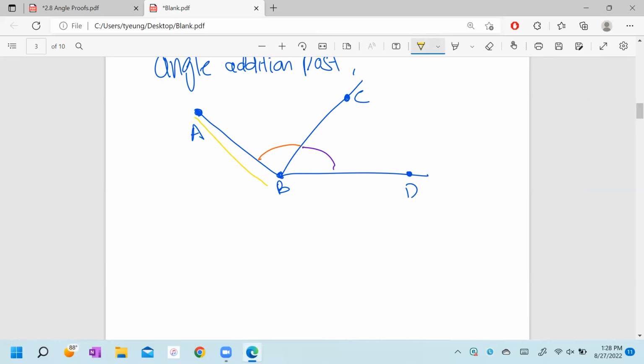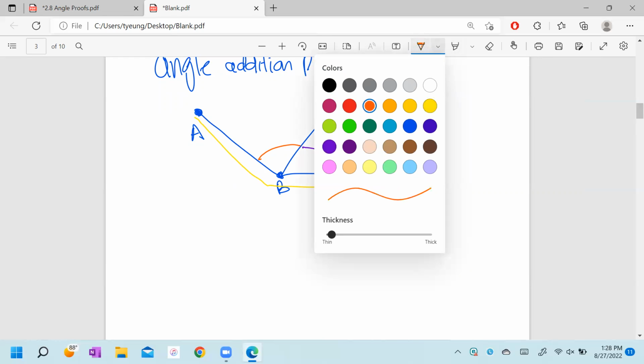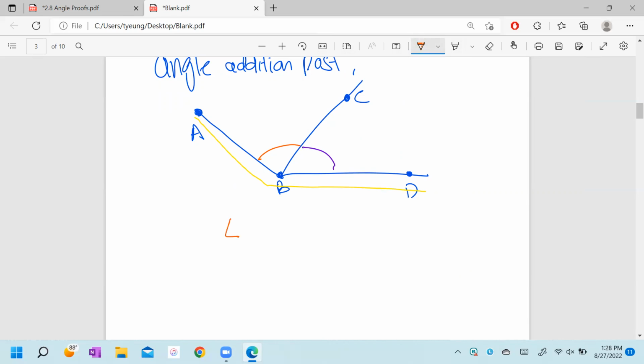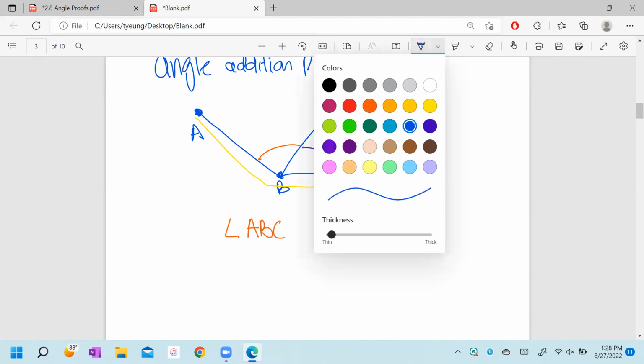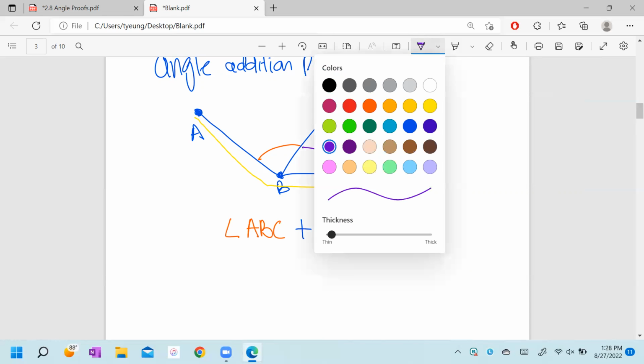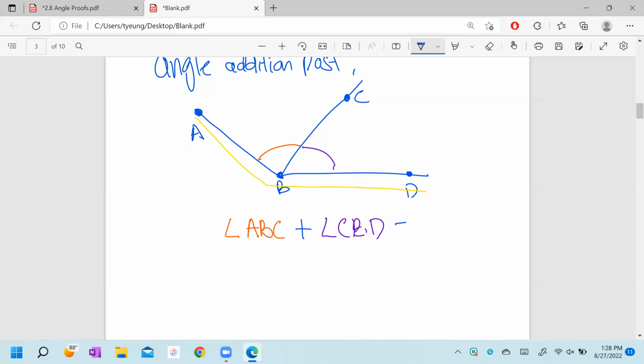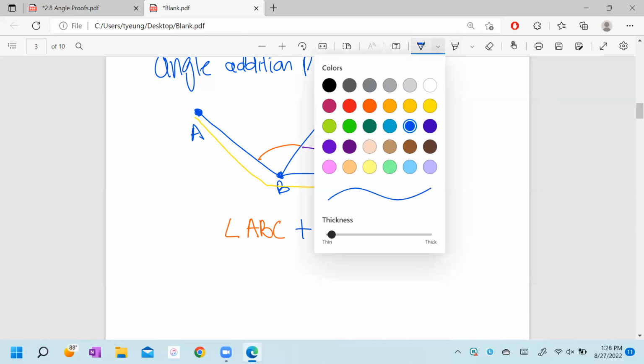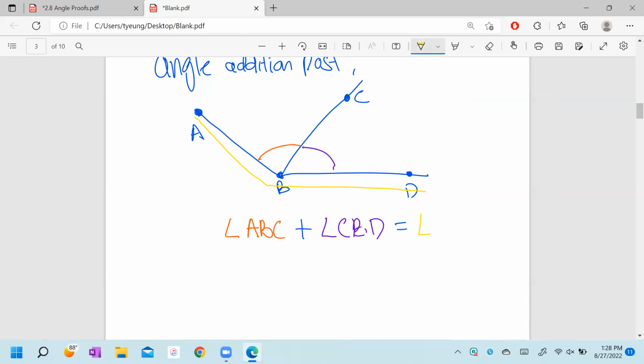So angle ABD plus angle DBC is equal to our entire angle, which is angle ABC.